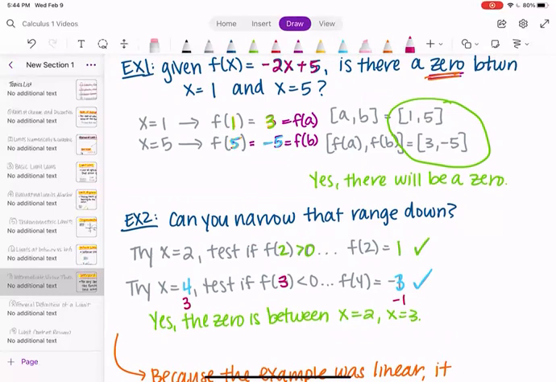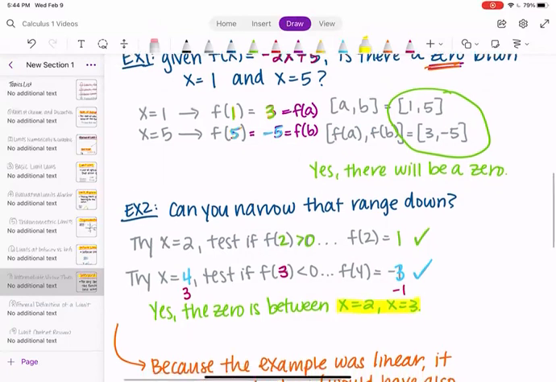If I chose x equals 4, technically my window is still valid, but it's wider than it could have been. Whereas if I pick x equals 3, it demonstrates that the window can get narrower and still tell me that there's a 0. So that's the point I was trying to make: while yes, there is a 0 between x equals 1 and x equals 5, I actually know that that 0 lies between x equals 2 and x equals 3.